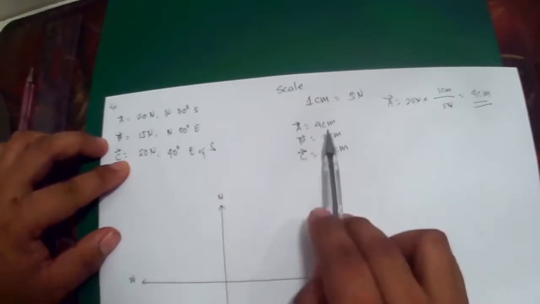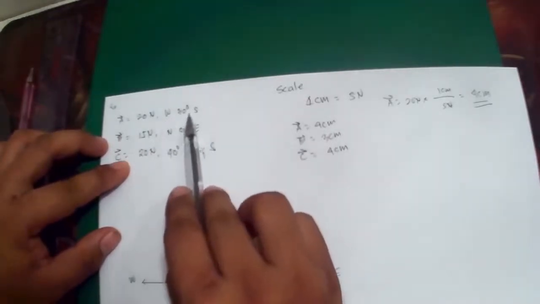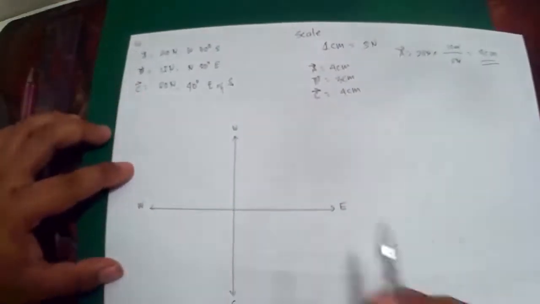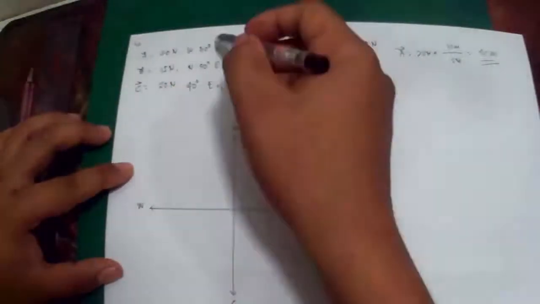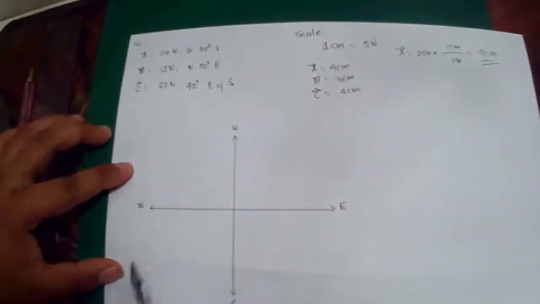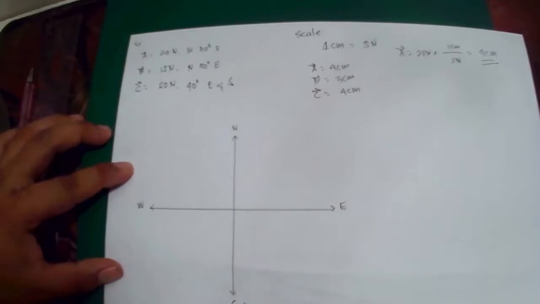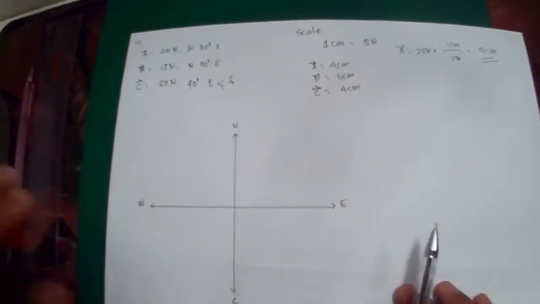So that's 4 centimeters west, 30 degrees south. Meaning to say, if we want to graph that, we will graph this vector A in quadrant 3 because we have here a west and south direction. So we are now in quadrant 3.